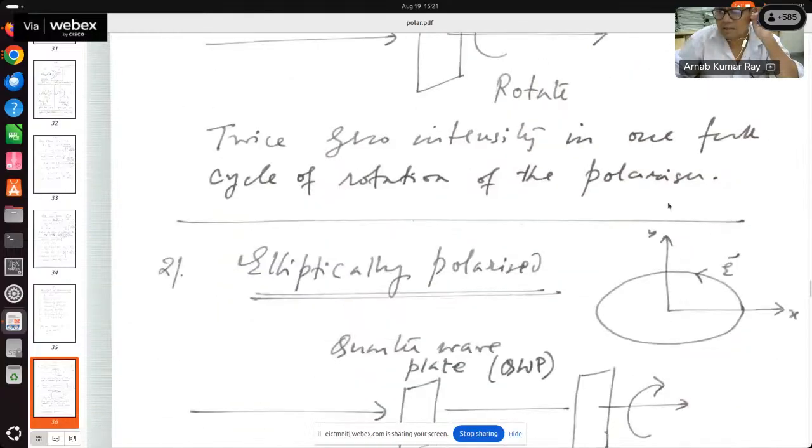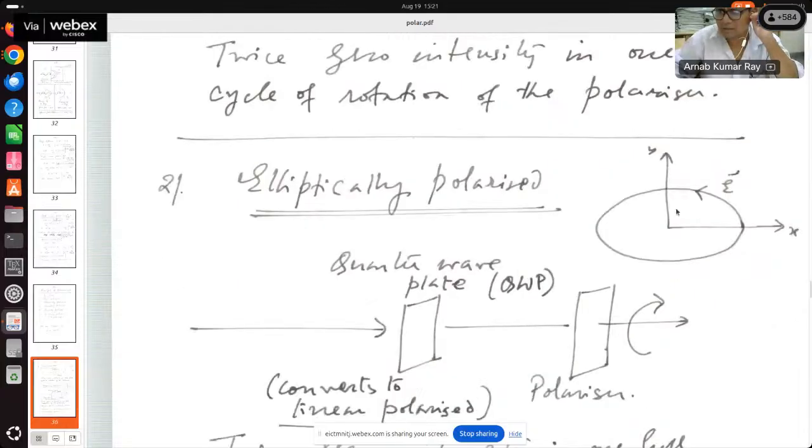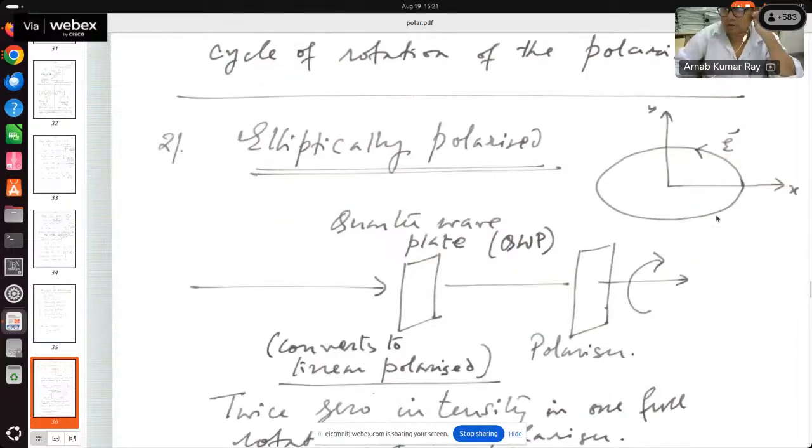Now you have been supplied elliptically polarized light. So something like that, going around like this thing, right? Elliptically polarized light. How will you then detect, make sense of elliptically polarized light? A simple way is to make the elliptically polarized light pass through a quarter wave plate. Note that elliptically polarized light has already a phase difference of pi by 2 built in it, right?